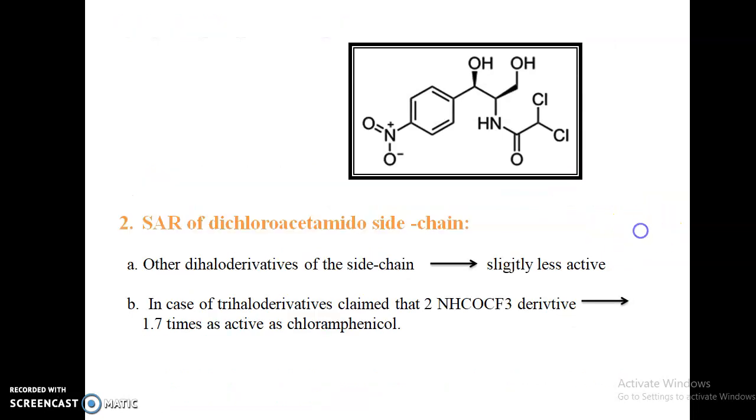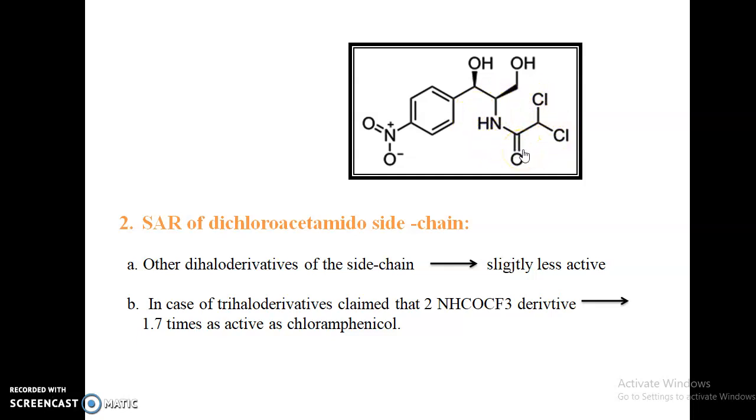Now we are going to see the second part of SAR, the SAR of the dichloroacetamide side chain. Where is the dichloro? This is the dichloro, the dichloroacetamide group. This is the acetamide side chain.